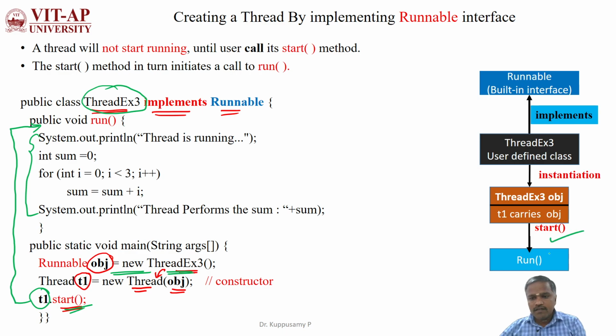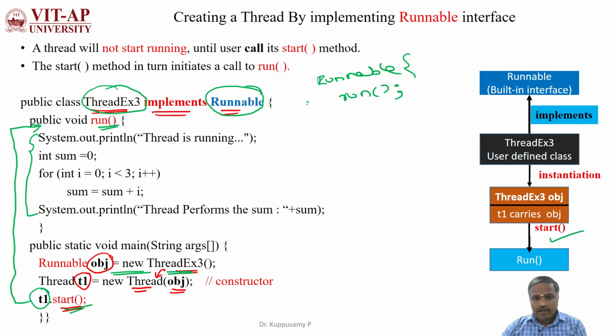Once the start method is invoked, the run method overrides the method available inside the Runnable interface. In the background, the Runnable interface has the run method, which is an abstract method. This abstract method is overridden by the user-defined method belonging to ThreadEx3.